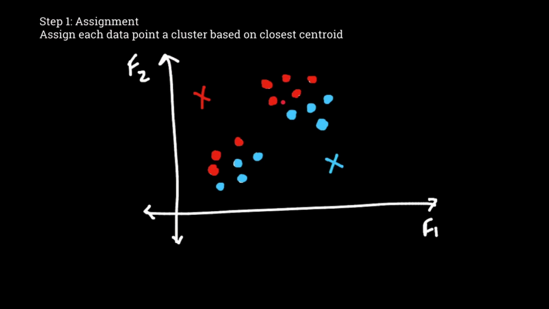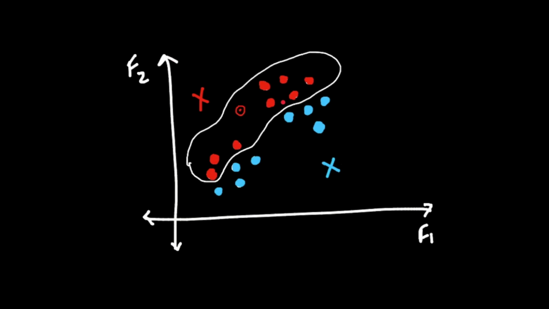In the next step, what k-means does is, once this assignment is complete, let's see what we have in red. So it collects all the points which are in red now. Then it asks itself, once I know these are all red points, what is the mean of all these points? So it says, okay, the mean is somewhere over here.